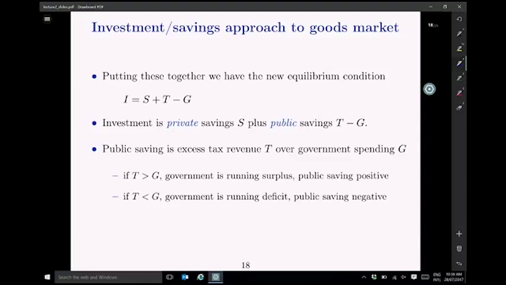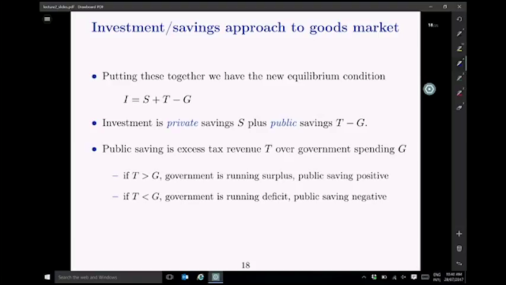When government collects more taxes than it spends, like when T is greater than G, the government will have a saving, right? It has more revenue than expenditure. This is where we have a government budget surplus. On the other hand, when taxes are less than government spending, the government runs a government budget deficit. In this case, we have negative public saving, right? This T minus G gives us the public saving.